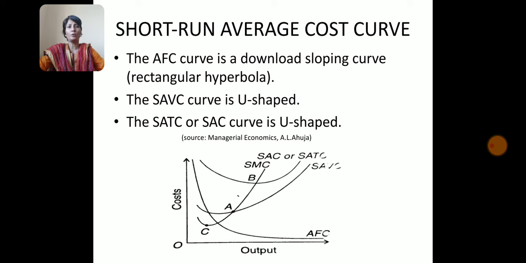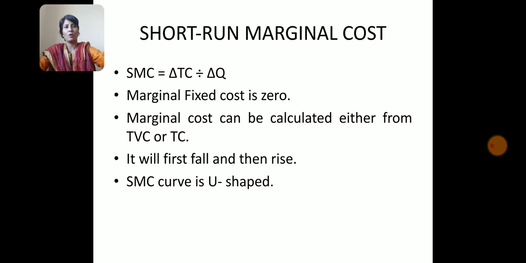But as output increases, the average total cost fall sharply because of the steady decline of both AFC and AVC till they reach the minimum point. The next short run cost is the short run marginal cost.